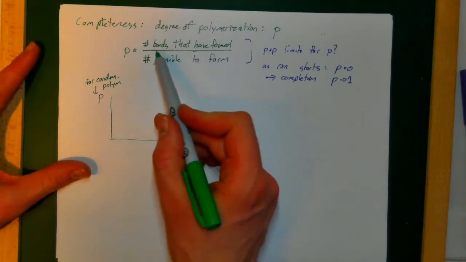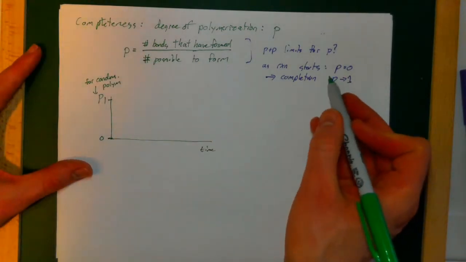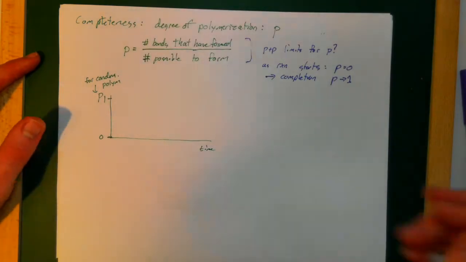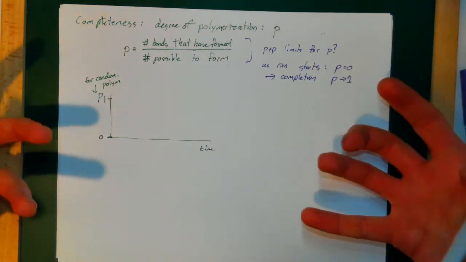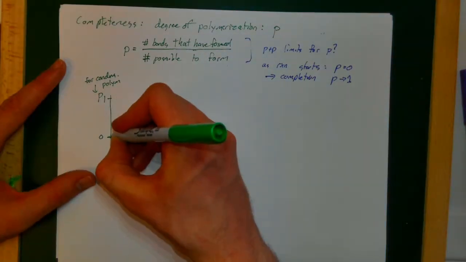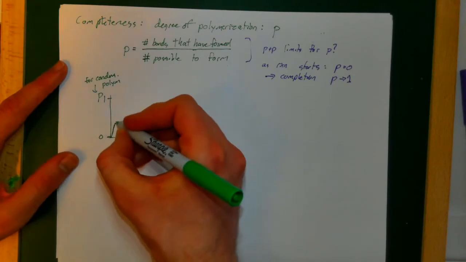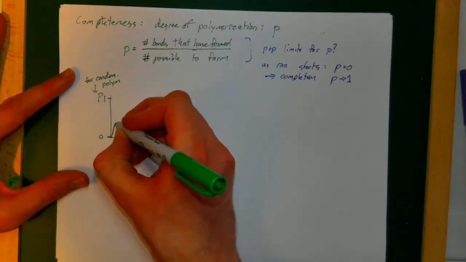Well, p is going to range between 0 and 1, as discussed right here, as time goes on. So at the beginning, when I had all of those green Legos right here, p starts to very rapidly grow. But as time goes on, less and less and less monomers are able to participate in the reaction.